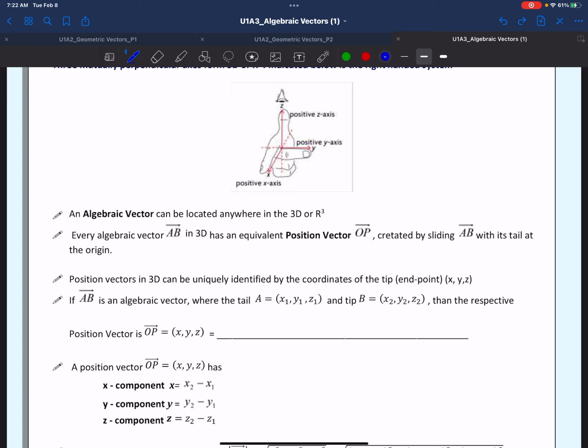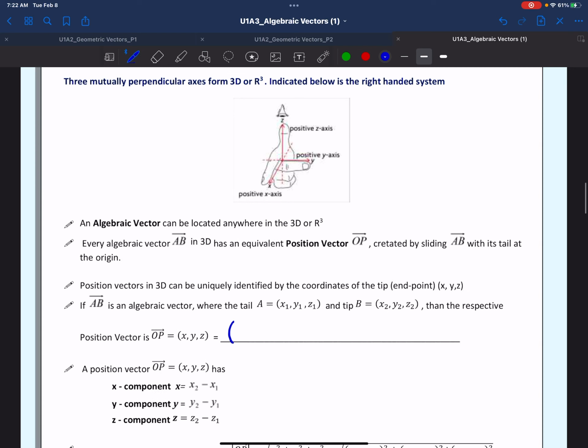And now I want you to think of how to find the three coordinates of the position vector using the coordinates of the tail and the head. Very similar to what we did with 2D vectors. So I encourage you to do this on your own, and I will continue writing it here. So for x, we'll have the difference between the x coordinates.